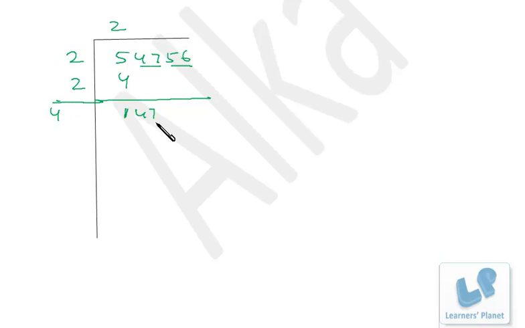Now you have to choose a number. Suppose you choose 42, then you have to multiply it by 2. So 42 into 2 should be less than or equal to 147, or 43 into 3, that should be less than or equal to 147, or 44 into 4. So whatever the digit is over there, the entire number should be multiplied by the same digit.